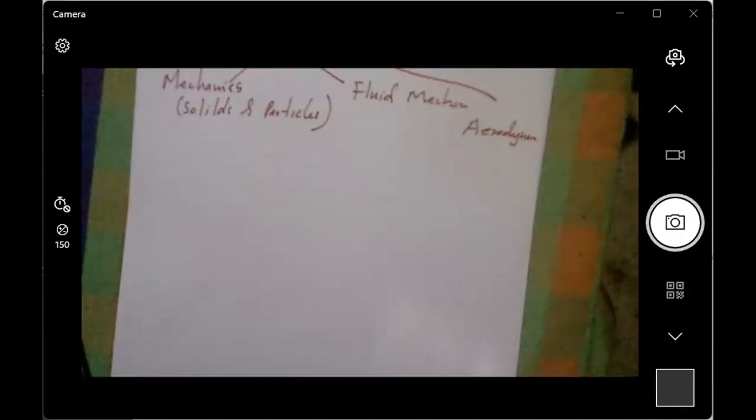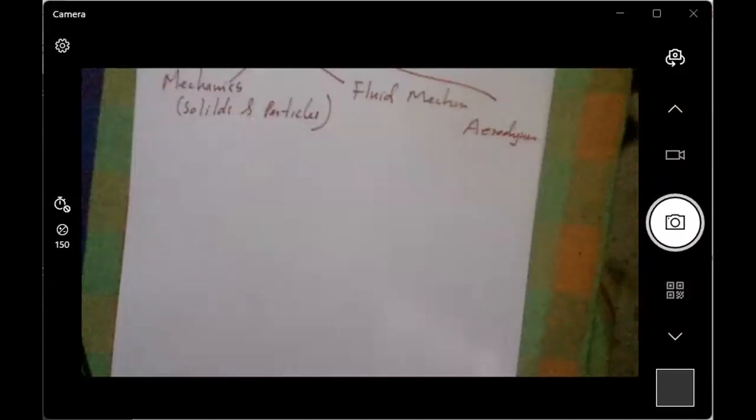Because two different forces are acting at two different points, right? So to be very simple, we always shrink a solid object into a particle at the point of center of gravity or center of mass, right?